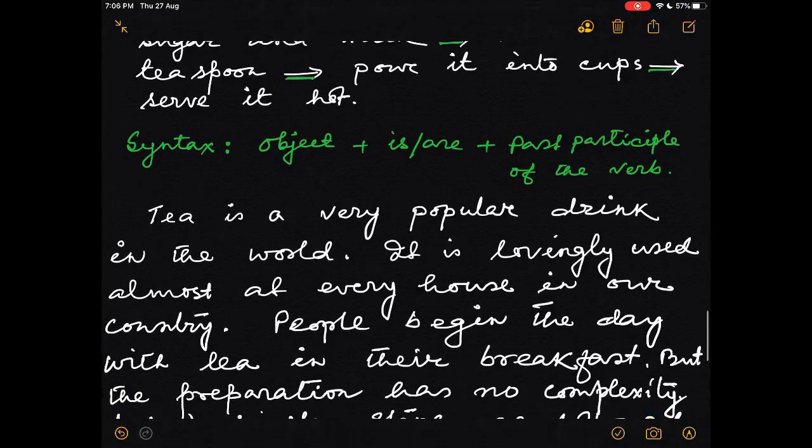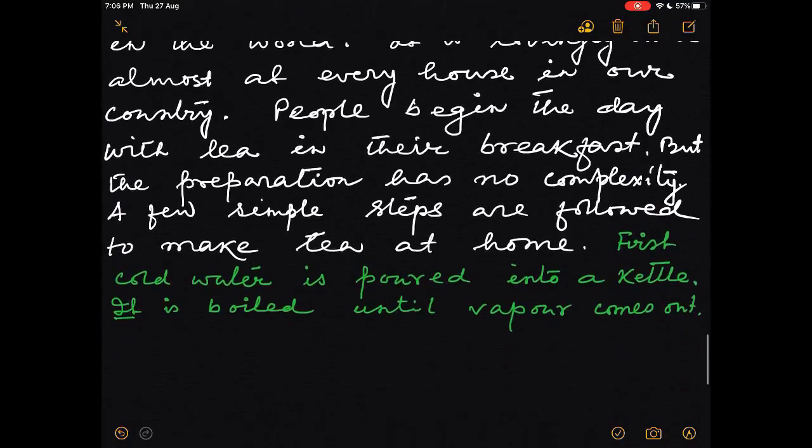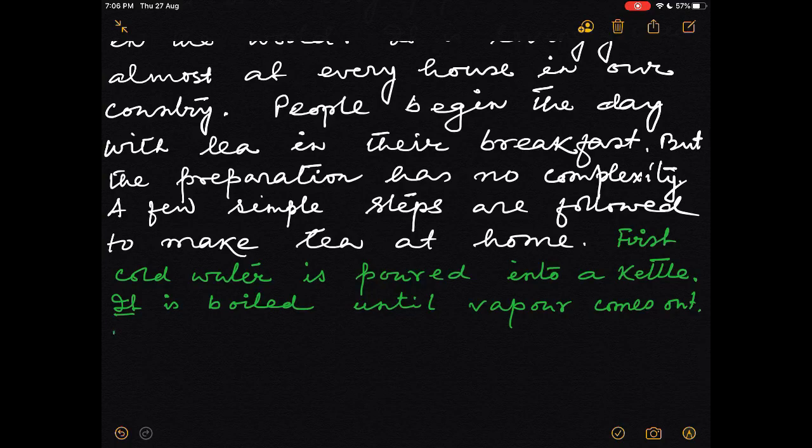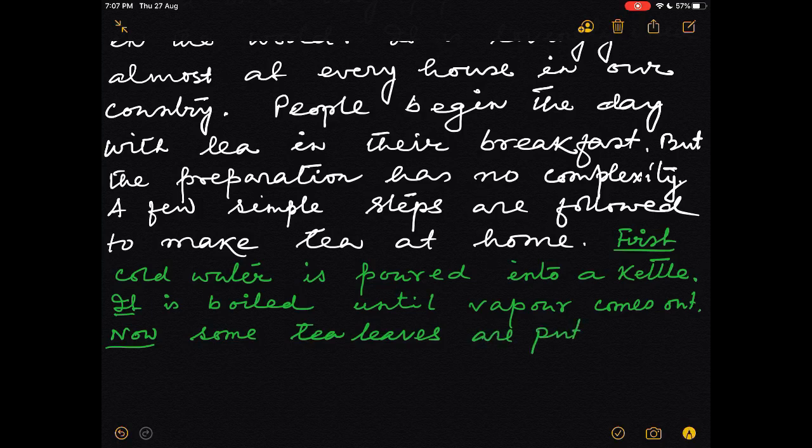Now some tea leaves are put. Passive voice.